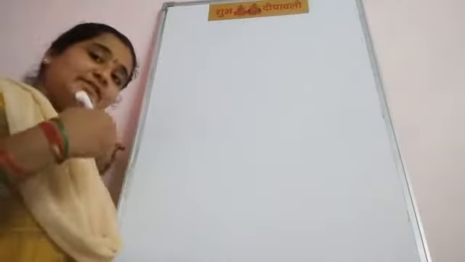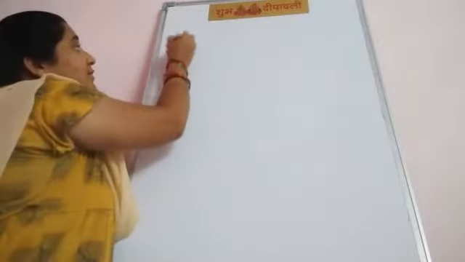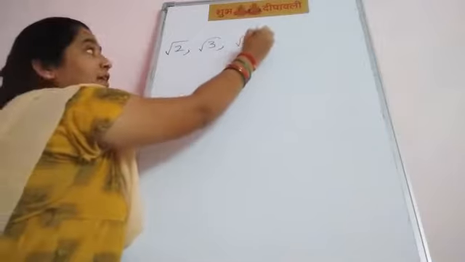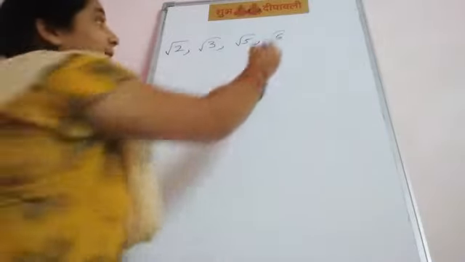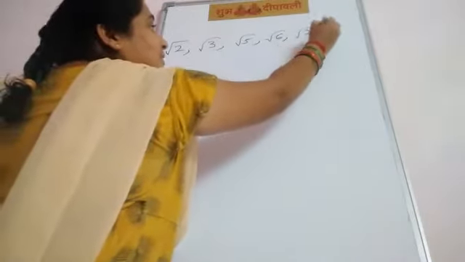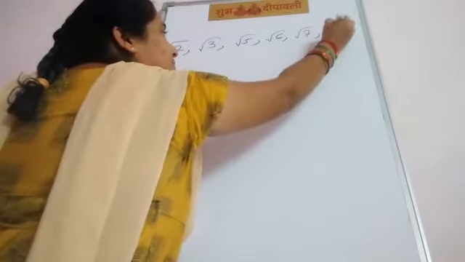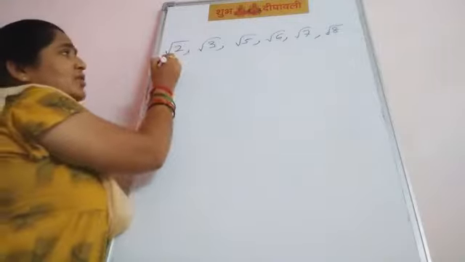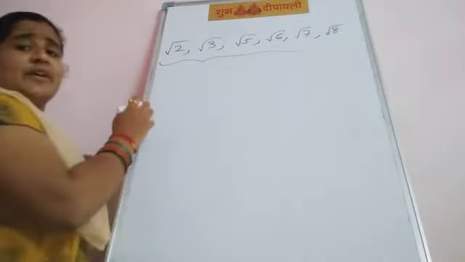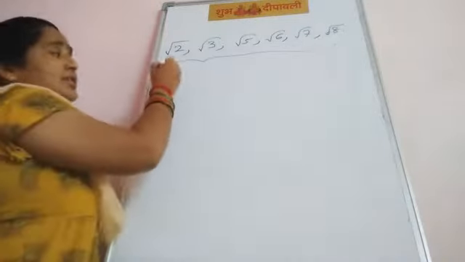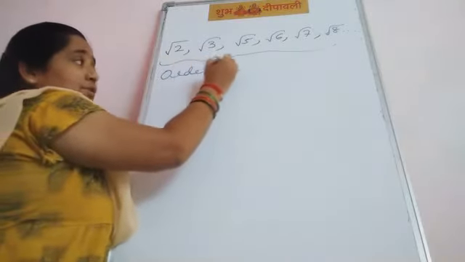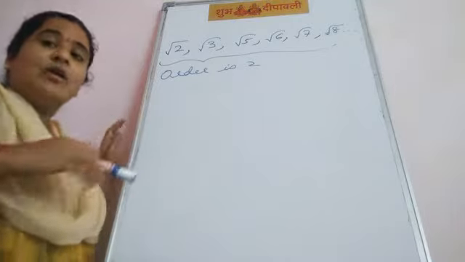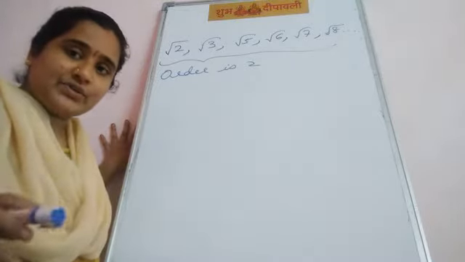Students, now we will see some more examples. Here root 2, root 3, root 5, root 6, root 7, root 8, and so on. For all these irrational numbers, the order is 2. In this main topic, the order of the surd is 2.